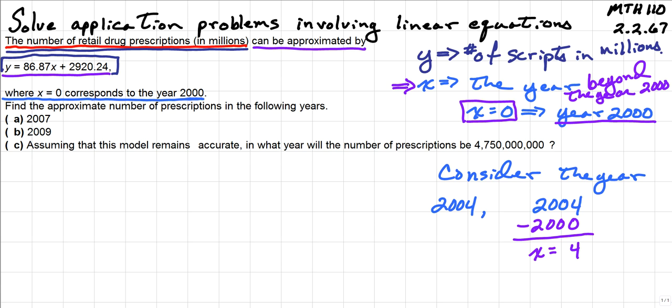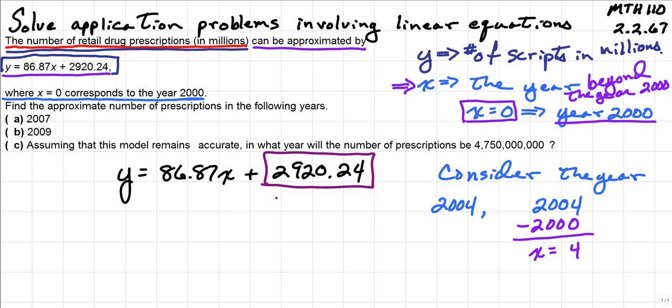And when I look at this particular equation, and I'm going to rewrite it down here, y is equal to 86.87x plus 2,920.24, we'll notice that this value is our y-intercept, and this represents the number of scripts in millions in our 0 year, or when x is equal to 0.